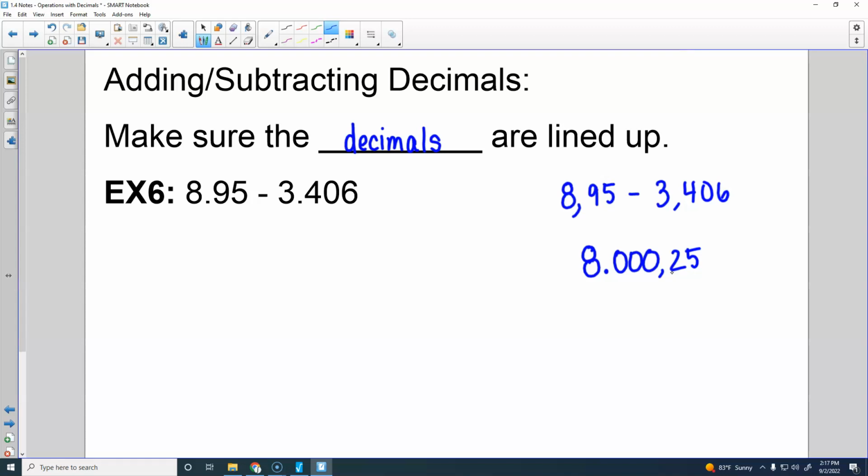No, they use the comma like we use the decimal, and they use the decimal like we use the comma. So we would write it this way, 8,000.25. They switch the way they use those. It may not bother some of you as bad as it bothers me, but this drives me crazy. It's against everything I've grown up understanding.